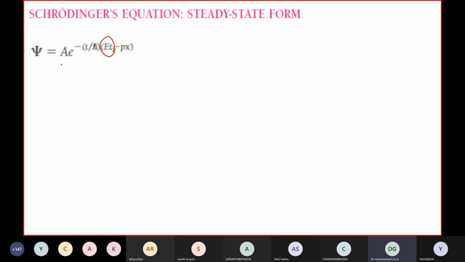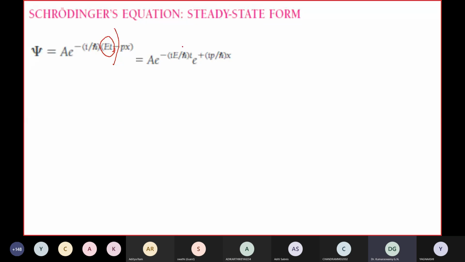Okay. So here, this wave function doesn't depend on t. That's what our previous statement says, right? So we will split it into a time dependent part and a time independent part. The time dependent part doesn't affect anything anyhow. This is the varying function in this whole equation. So let us split it into two parts: A e to the power of minus i E by h cross into t, and e to the power of i p by h cross into x.